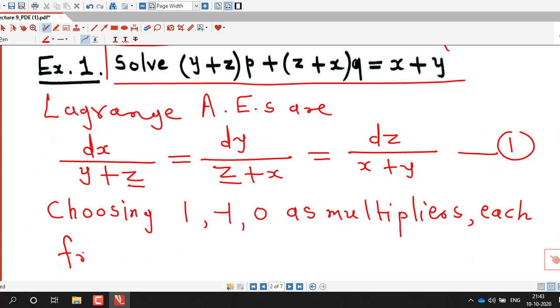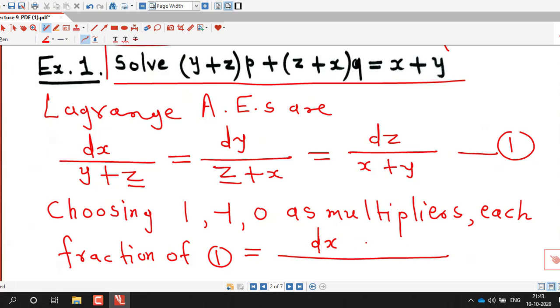each fraction of 1 equals, so 1 into dx plus minus 1 into dy, that is dx minus dy. Here y plus z minus of z plus x, that is minus z minus x.